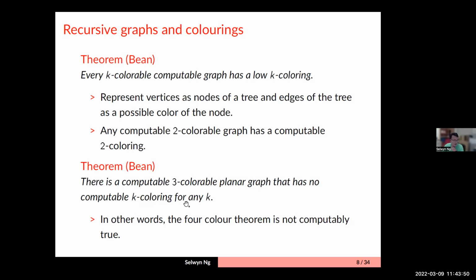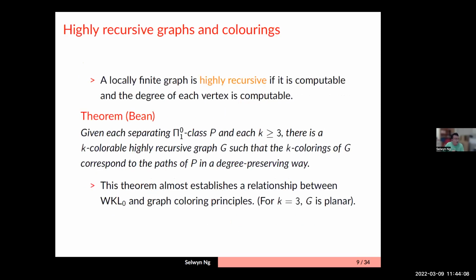So in other words, what this translates to in reverse math is that the 4-color theorem is not computably true. So that's what generated interest, at least for me, in looking at this theorem. We'll come back to that in a while.